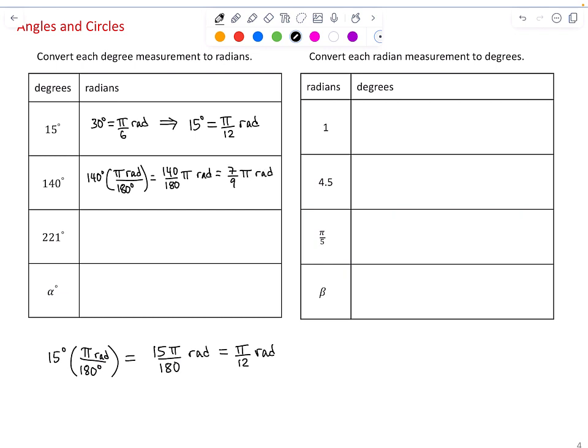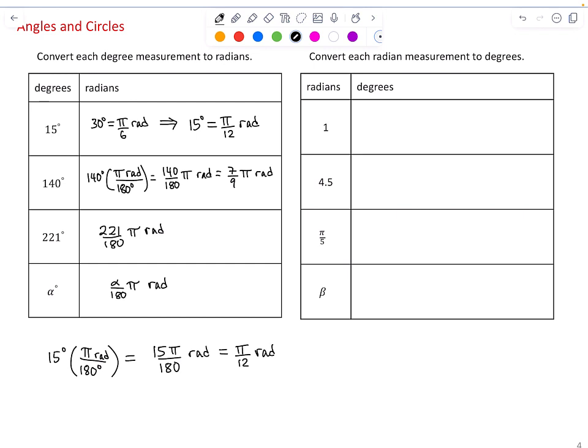Generalizing this process, 221 degrees will become 221 over 180 pi radians. But this fraction does not simplify further, so we can stop here. And in general, if you know alpha degrees and you want to convert that to radians, then you simply do alpha divided by 180, multiply by pi, and that's how many radians alpha degrees corresponds to.